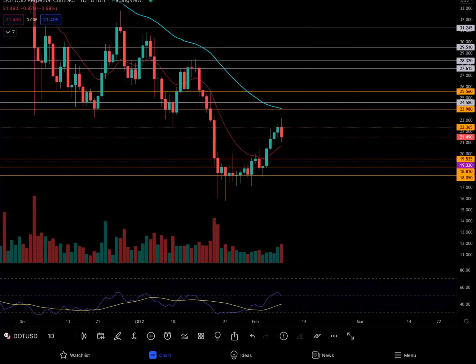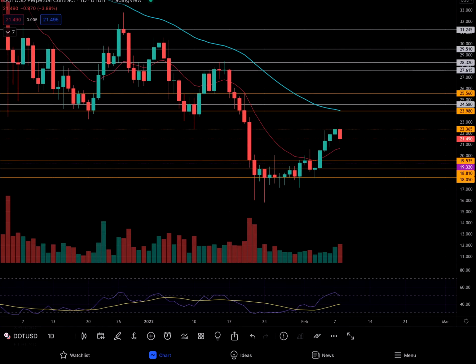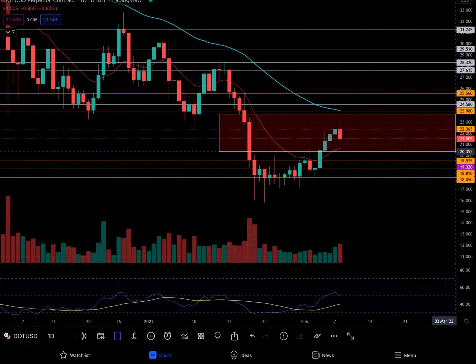So, looking on the daily for the overall trend, now we have a lot of our lines in. We can see we're in this open area here. And what this area means to me is that it is an untested range, relatively speaking.